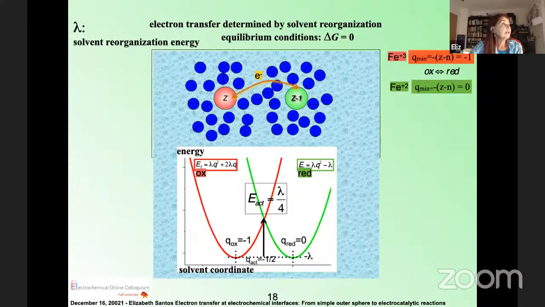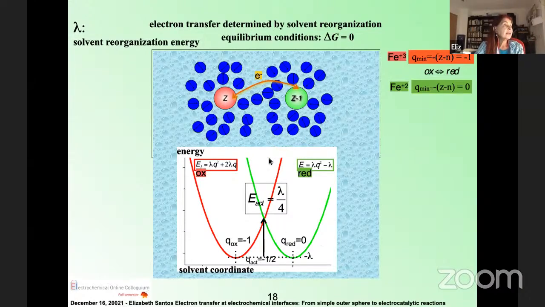And then we obtain this sort of potential energy surface. An important property here is this lambda, the reorganization energy of the solvent.